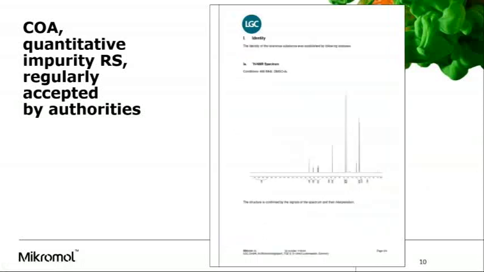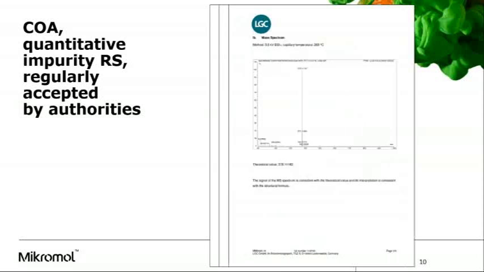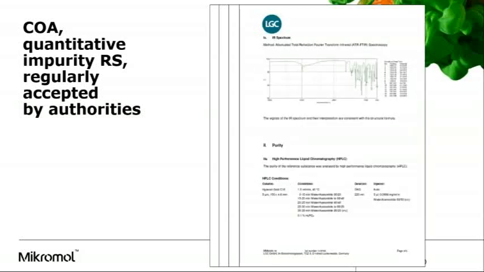Along with that, the identity information is provided, so the proton NMR spectrum that is consistent with the structure, also the mass spectrum value, and the IR spectrum, all consistent with the structure of the material. Then information about the purity is given.